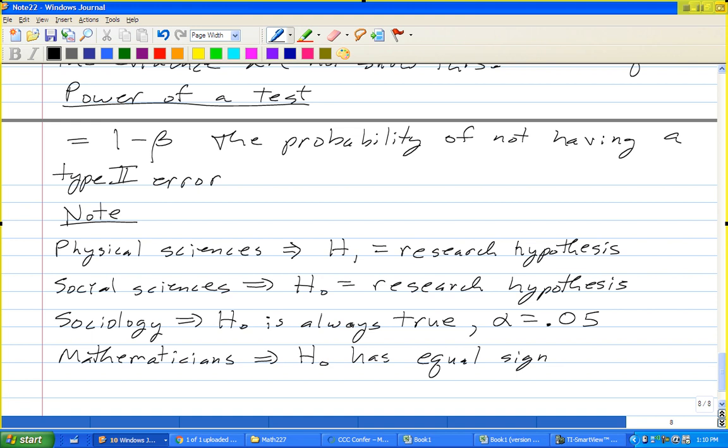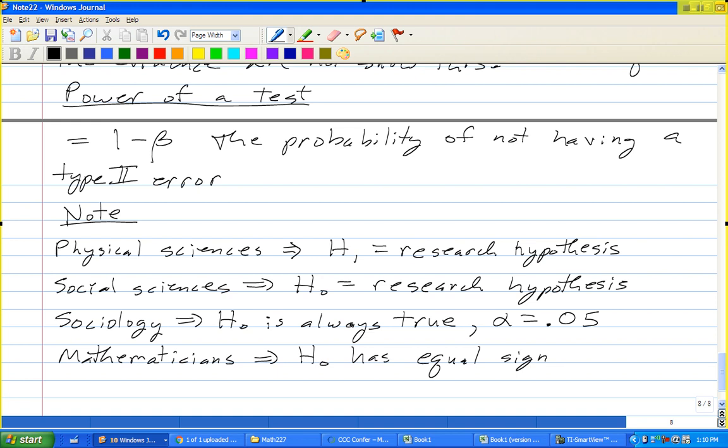For economists, it's the one that gives you the most benefit that is the null hypothesis. And so there are many other fields that do it differently. So just note that the way that the hypothesis test is set up will be different depending upon your major.